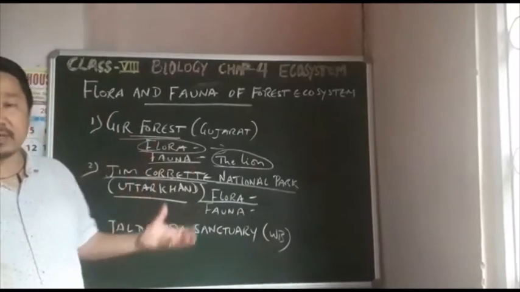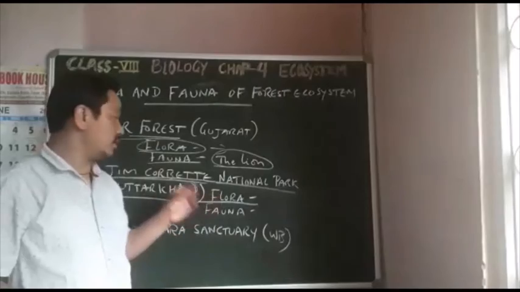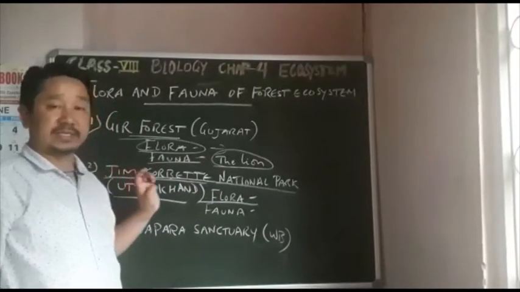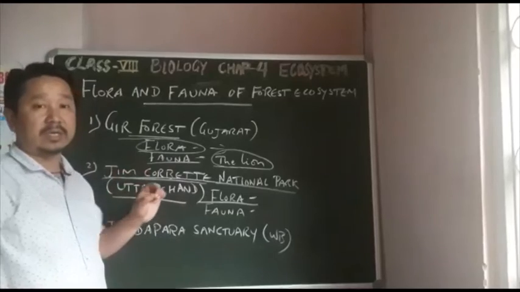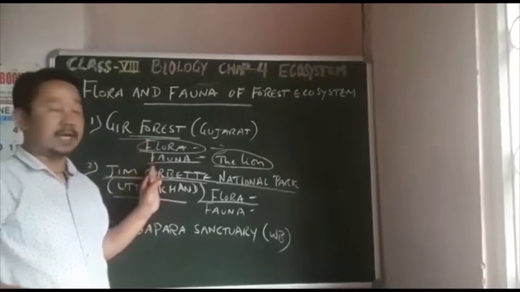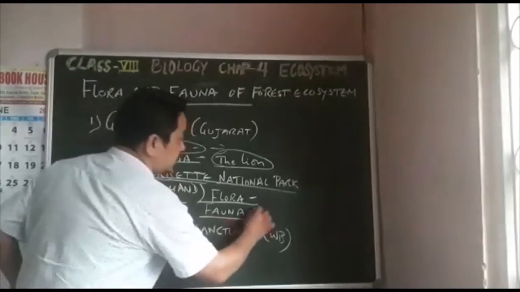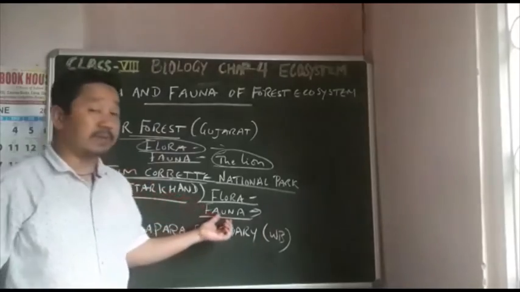There are many other plants also, but importantly pine trees are found in this forest, in Jim Corbett National Park in Uttarakhand. Which plant is important? Pine trees.